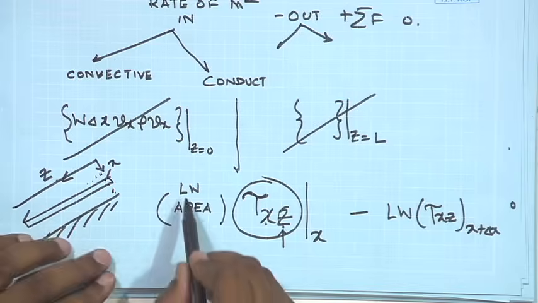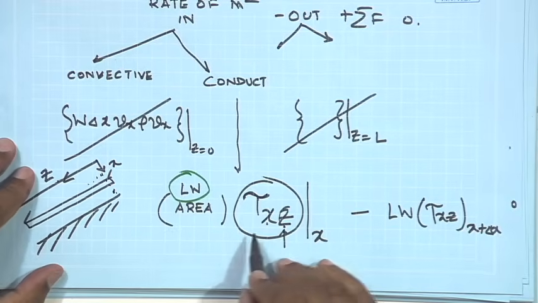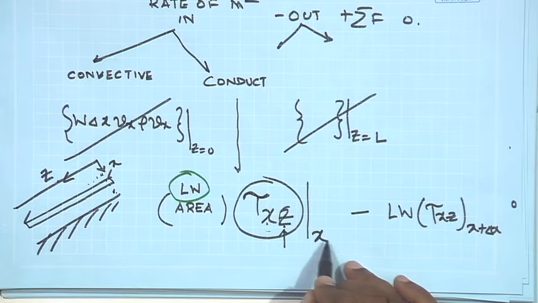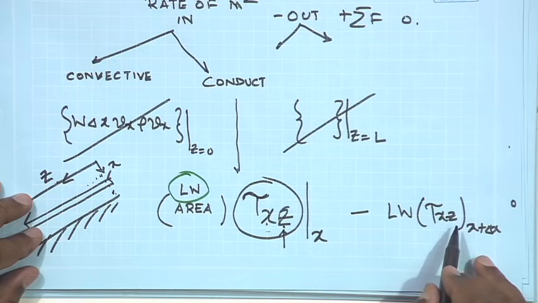So, the molecular transport of momentum is simply going to be mu times the velocity gradient multiplied by the area. What is this area? It has a length equal to L and width equal to W. So, the area on which the molecular transport is taking place is L times W. So, that is what I have written over here: L times W is the area, and this is tau xz evaluated at x and tau xz evaluated at x plus delta x.